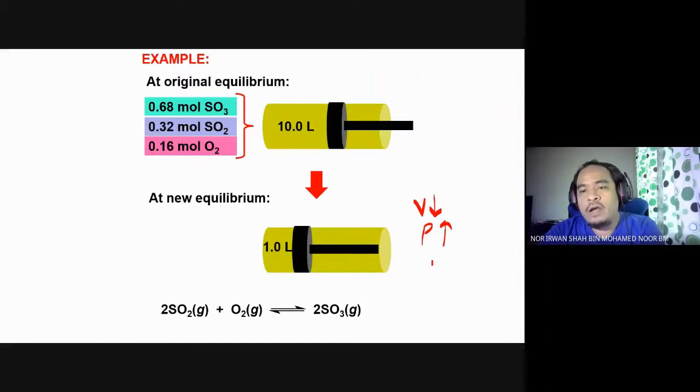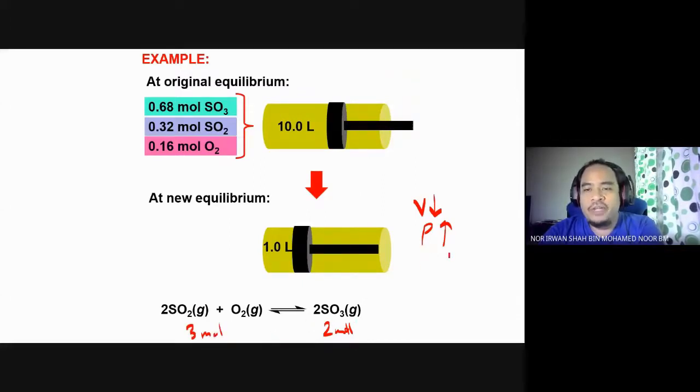So how is the system going to do that? The system will shift to the side with fewer moles of gas. For example, on the right side of this equation, the product side, there are 2 moles of gas, 2 moles of SO3. But on the left side, 2 moles of sulfur dioxide and 1 mole of oxygen, a total of 3 moles of gas.